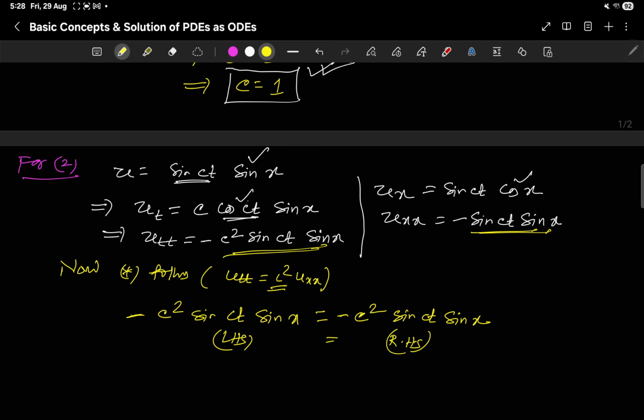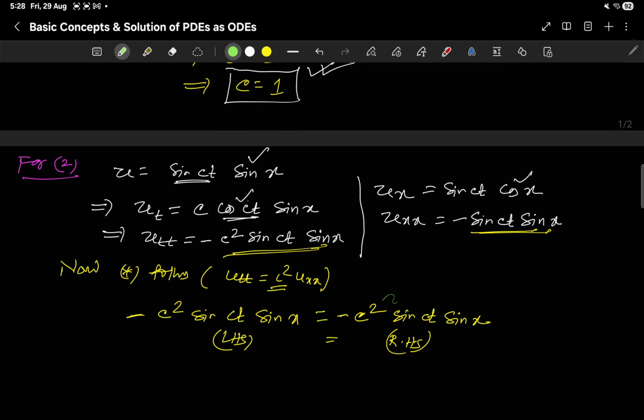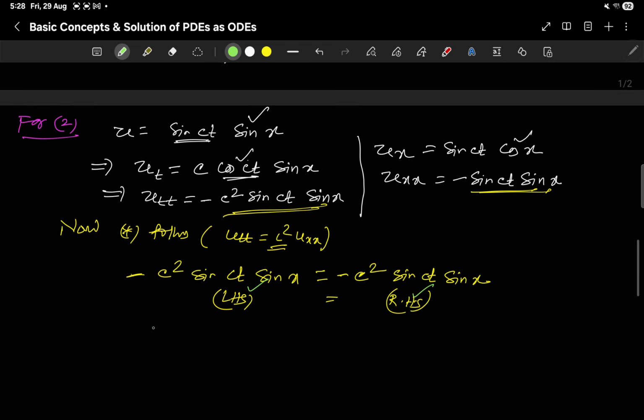That means whatever c you choose, for any c, left hand side is right hand side. So what is the value of c? This implies c is any arbitrary, positive constant, and that constant must be a positive constant as per the definitions.